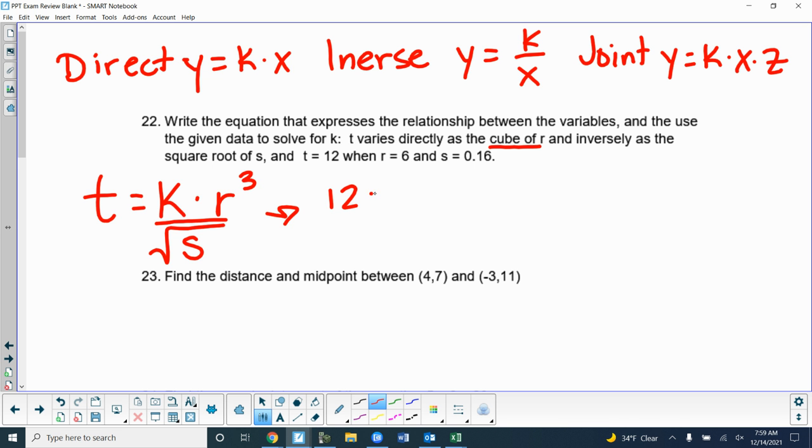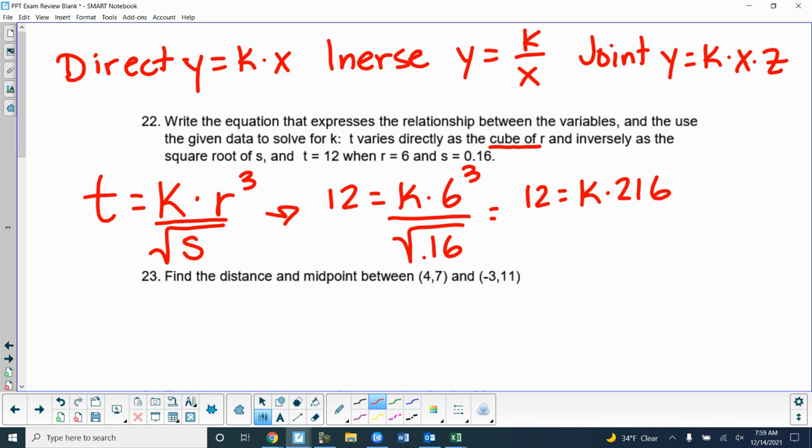So t is 12 when r is 6 and s is 0.16. Okay? Well, 6 cubed is 216, and the square root of 0.16 is 0.4.